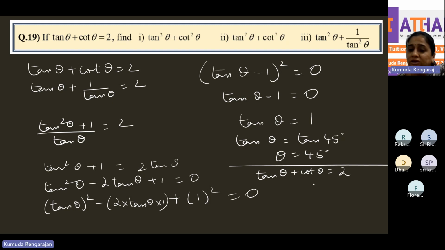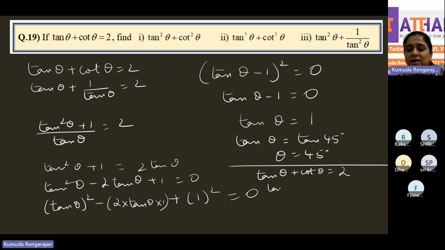No, individually you can square both the sides, but separately you cannot square this and this. That's incorrect. If you want, you can square both the sides: tan theta plus cot theta, the whole square is equal to 2 square. But that is not going to help us here.